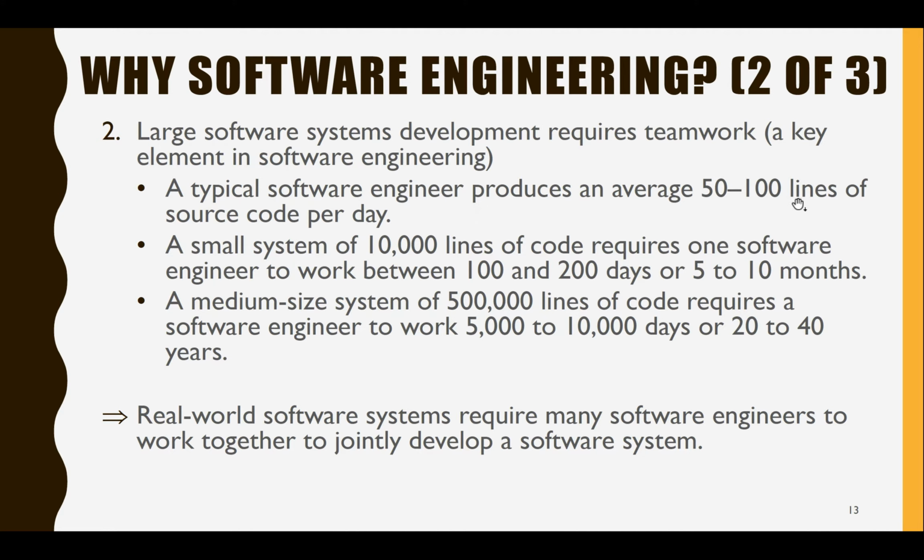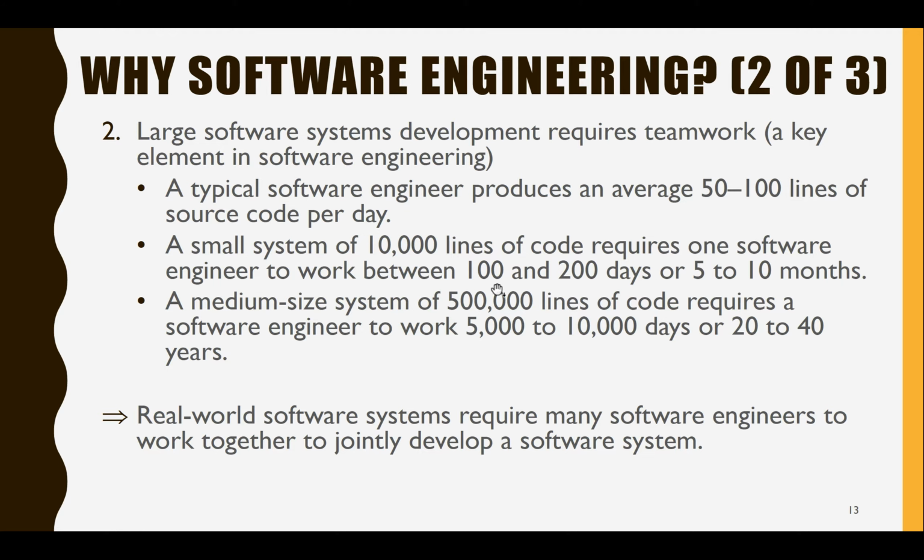The figure here shows a software engineer produces an average of 50 to 100 lines of source code per day. You may think, oh, how come? As a student, I can probably write this number of lines in 1 hour. How come a software engineer requires one day to do that many lines of code?